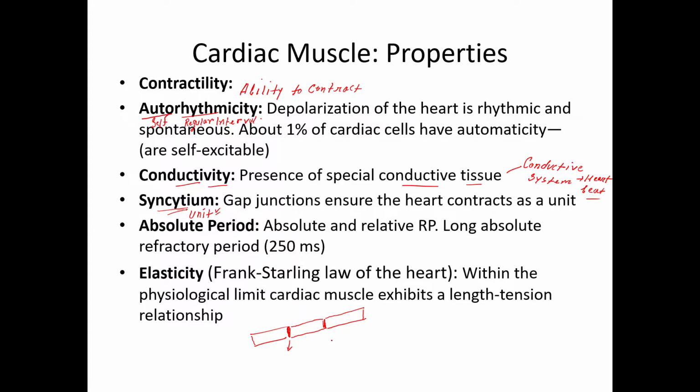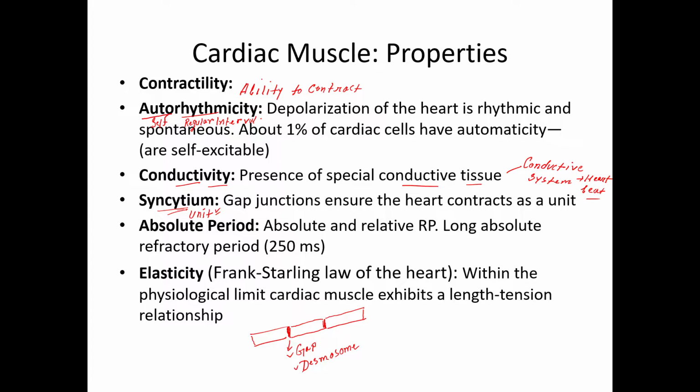Now, in the intercalated disc, you have two types of junctions. One type of junction is gap junction, and another is desmosome. You must remember from ANP1, we talked about these junctions.